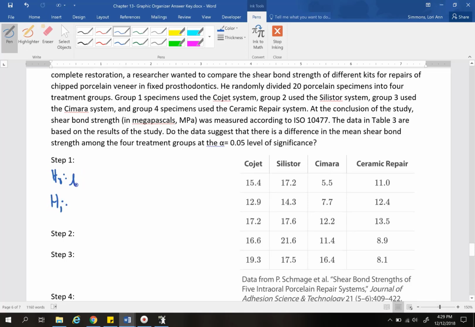The null is that each mean is equal. You could write that out in a sentence, or you could write it out like this.